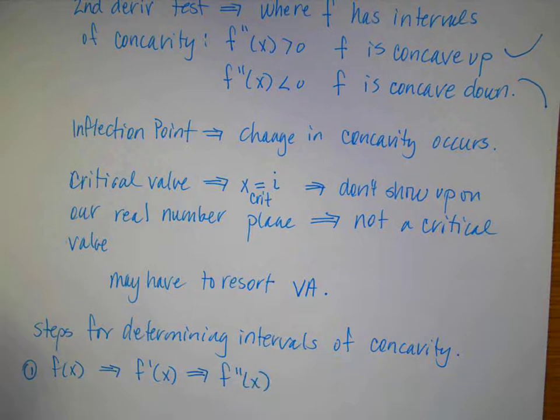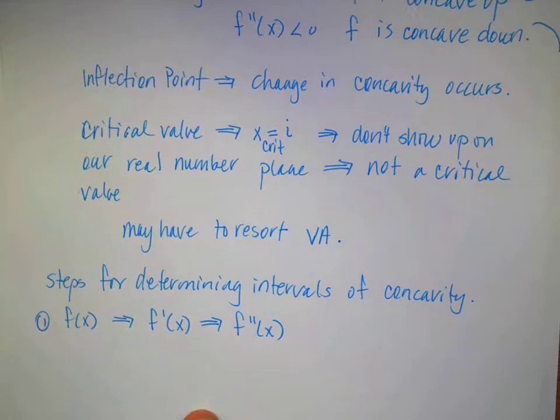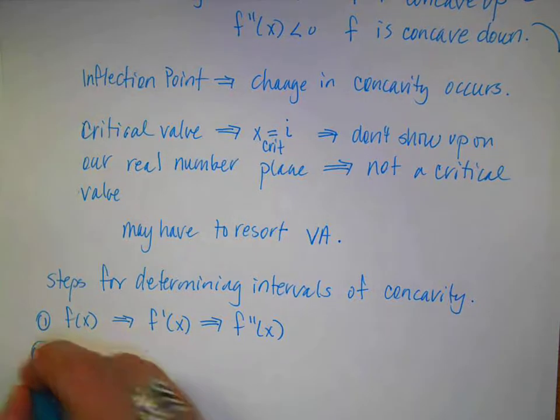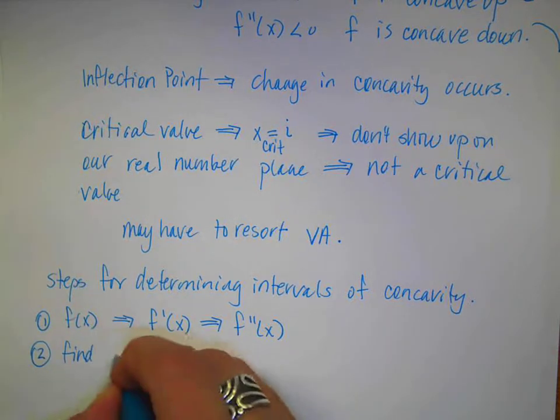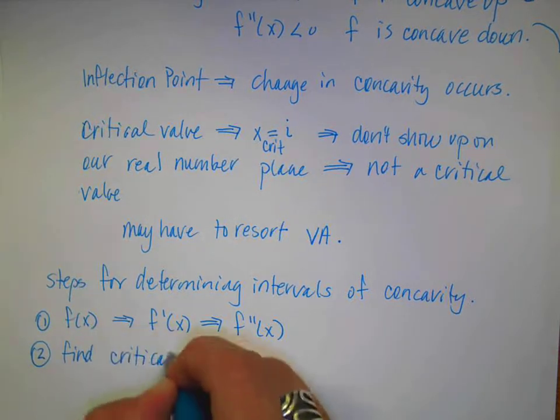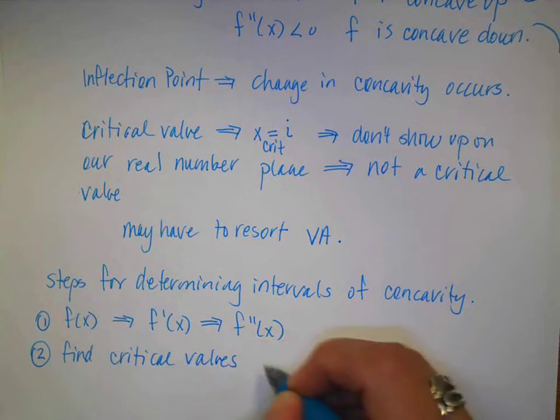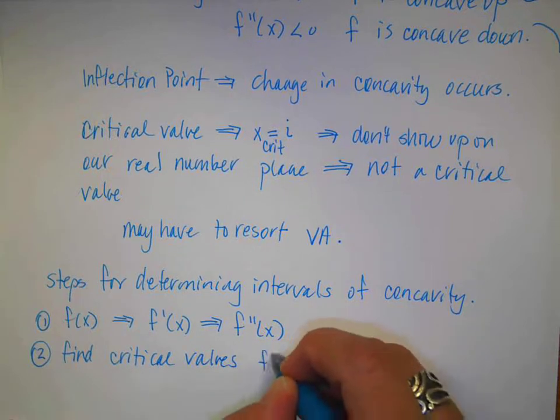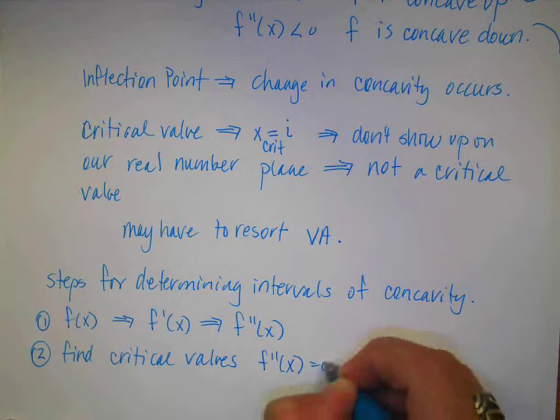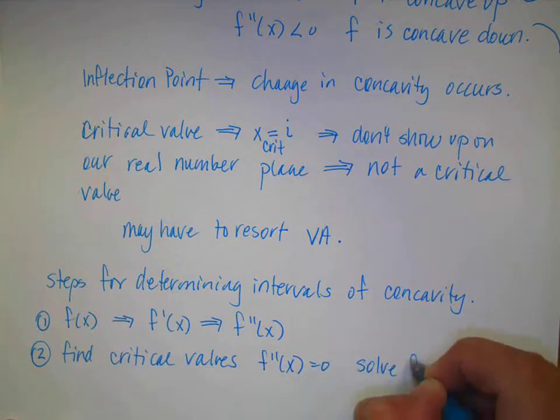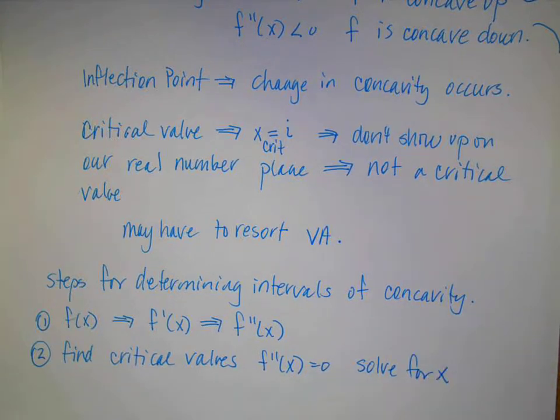Then I'm going to take the first derivative, and then I'm going to take the second derivative. Okay? Once I take my second derivative, I'm going to find the critical values from the second derivative, which means that I set my second derivative equal to 0 and I solve for x.